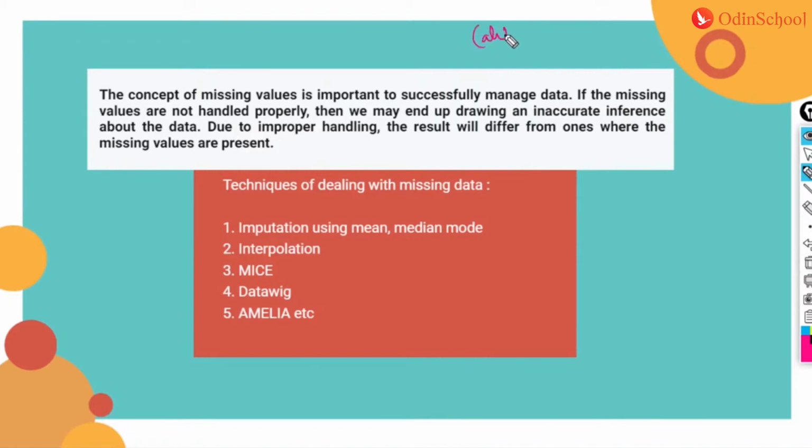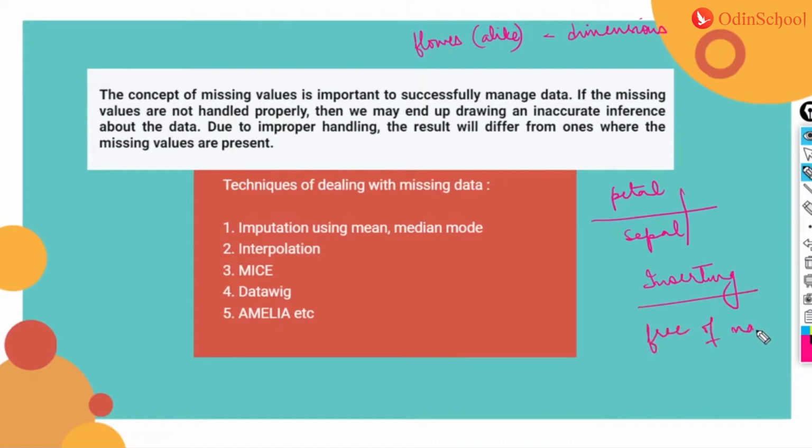Based on this data set which we will be working on, we would be inserting NA values. We have a data set which is very clean in the beginning, free of NA values. But we would now have to insert NA values into it.